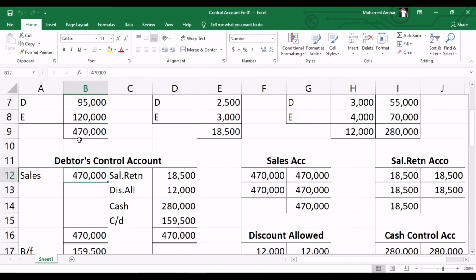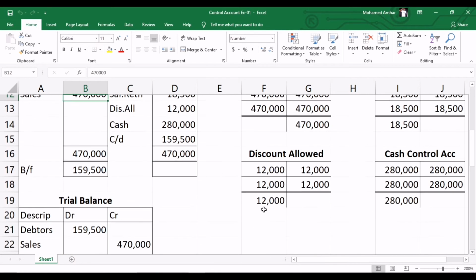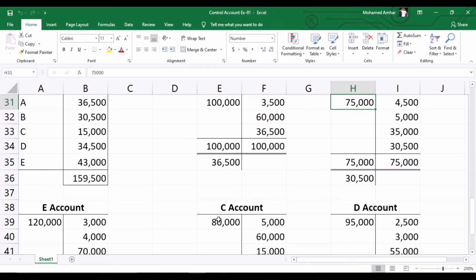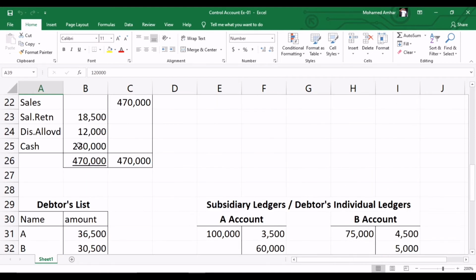Right, sales to A 100,000, sales to B 75,000, like that. You open the A account, debit 100,000, sales debit 75,000, in the C account debit 80,000, in the D account debit 95,000, in the E account debit 120,000.